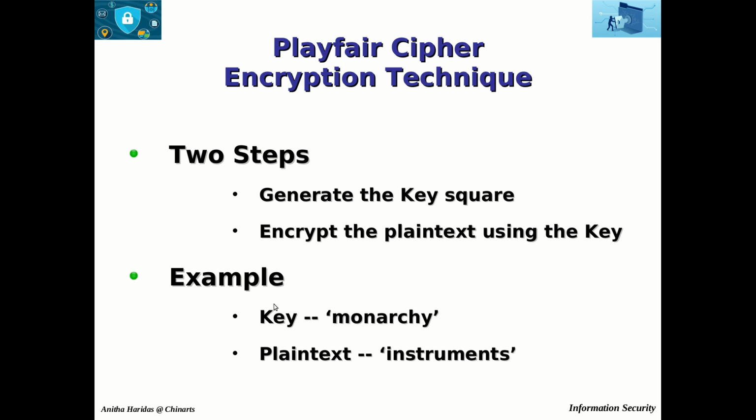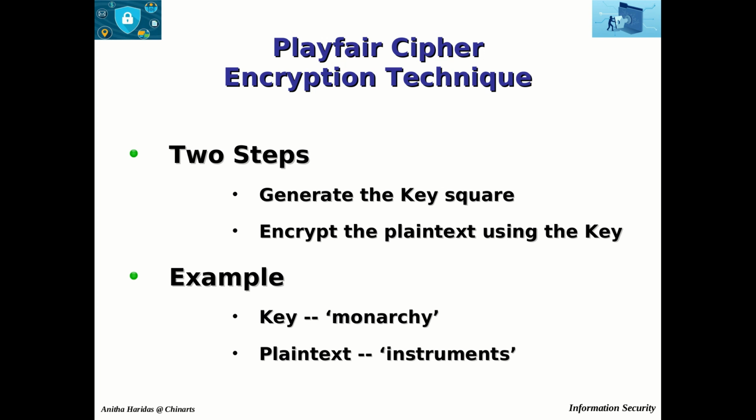How to generate the secret key? For generating a secret key, I am going to have the term MONARCHY as the key value. This is going to be the key value which will be agreed upon between the sender and the receiver.